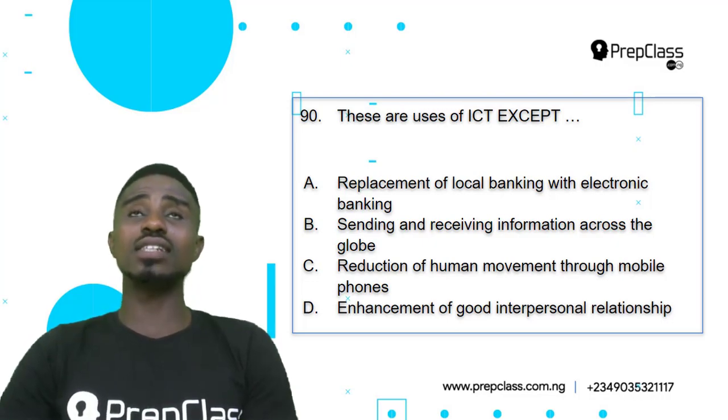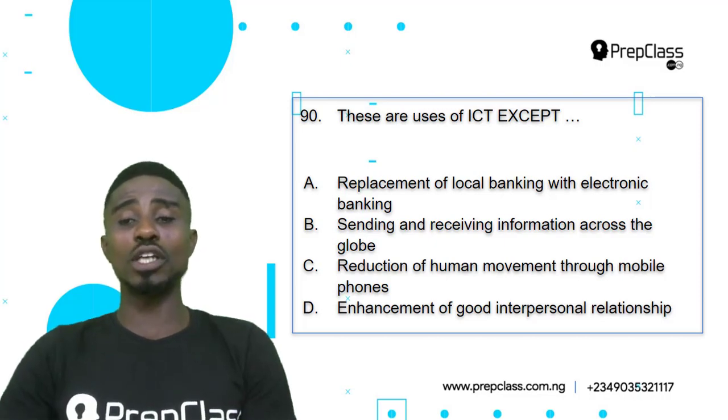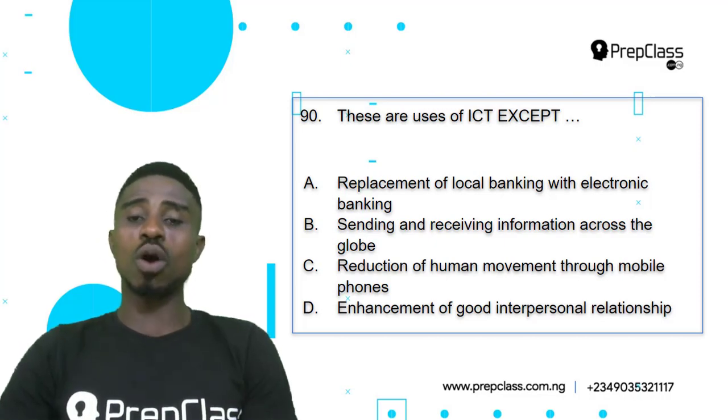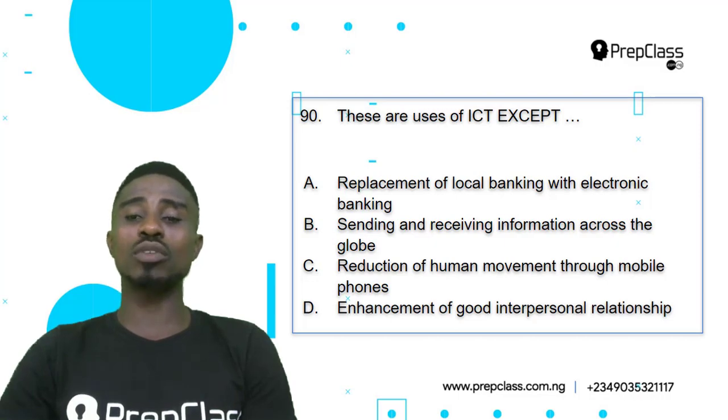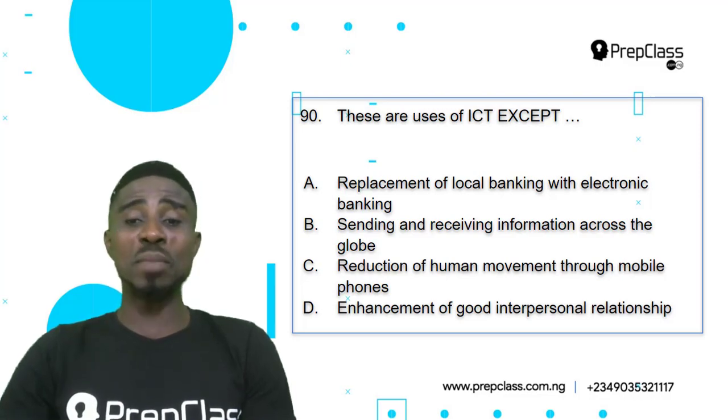Now, ICT is information communication technology, using technology to bring about information communication. So option A, replacement of local banking with electronic banking, that's a use of ICT, so it's not our correct answer. Sending and receiving information across the globe, that's a major function of the ICT, and that is not our correct answer.